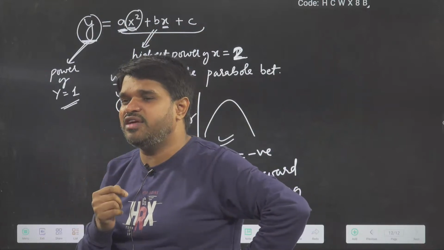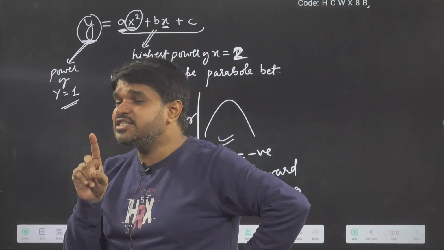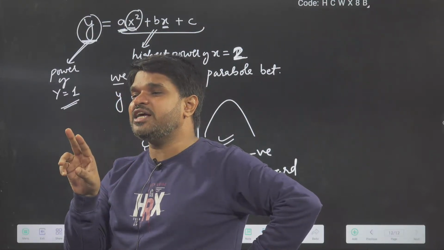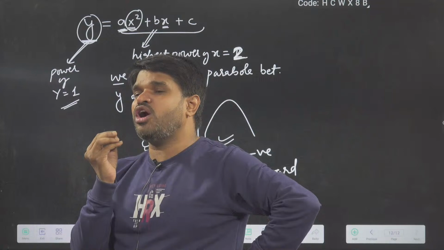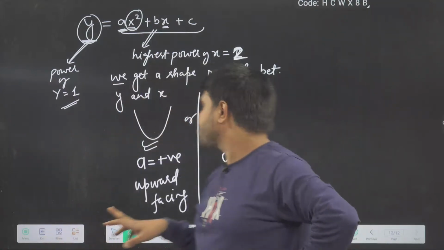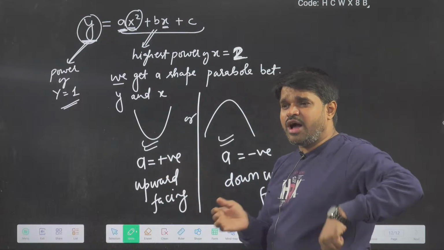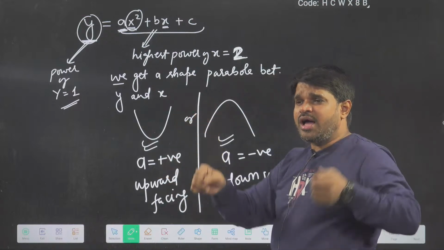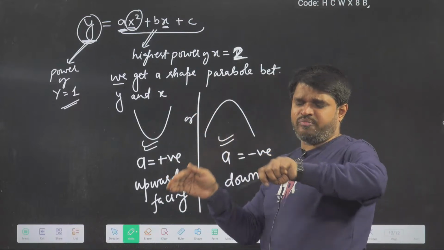So the answer is already with you. If a is 0, it is not a quadratic expression. Then it will be a straight line, bx plus c. Got my point? So a positive gives an upward opening parabola, a negative gives which kind of parabola?